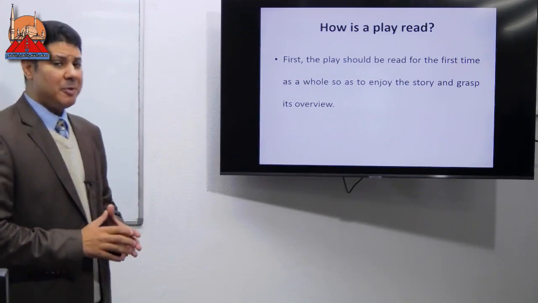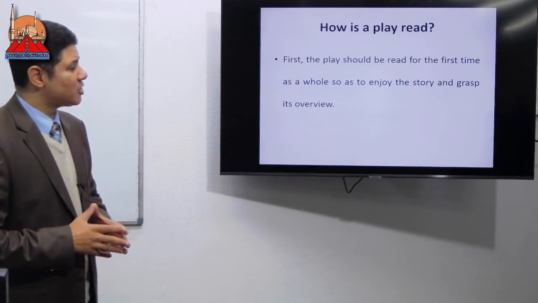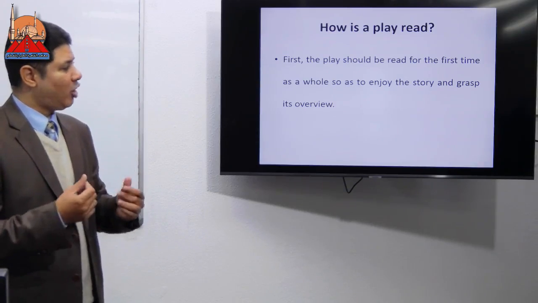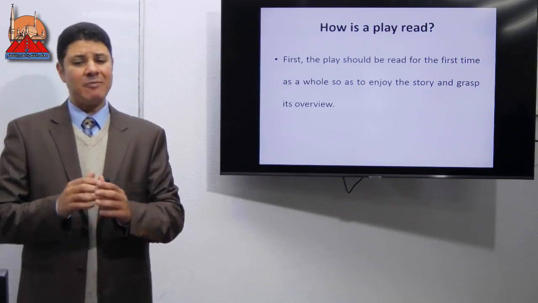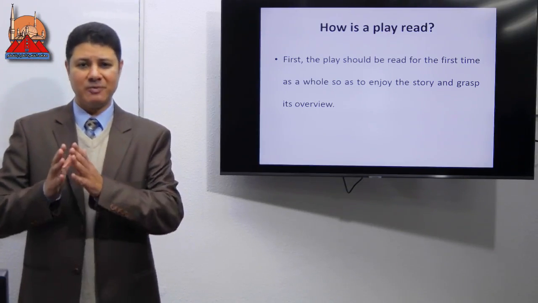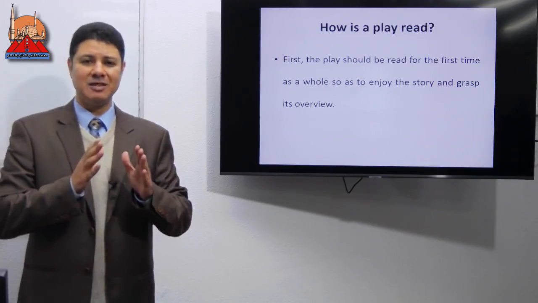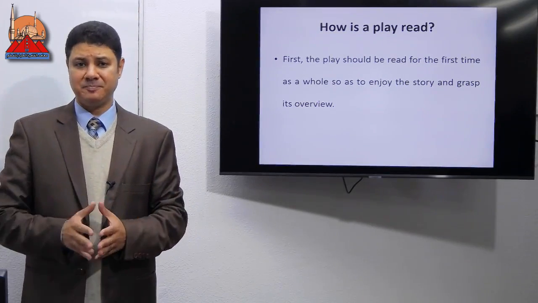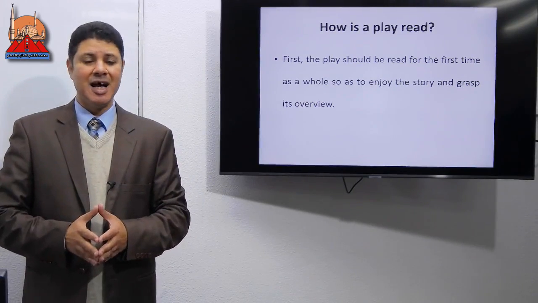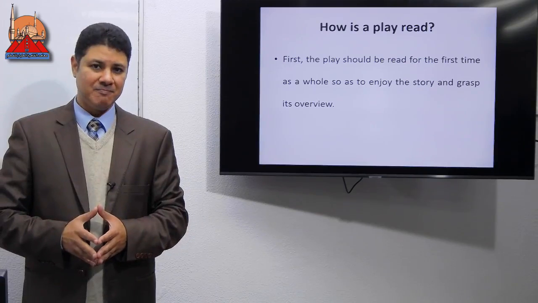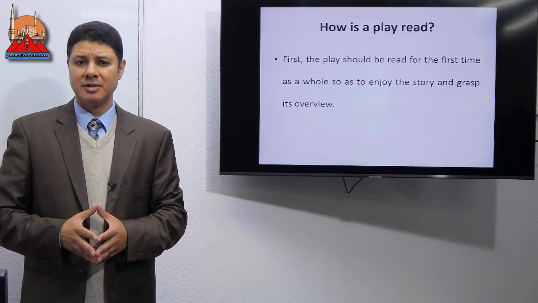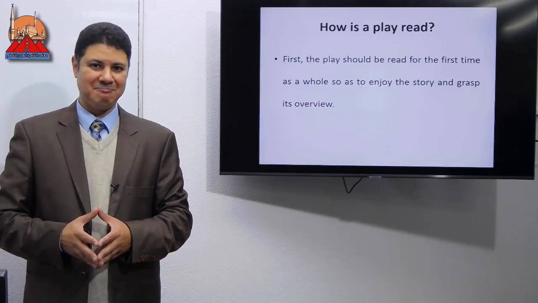So first, the play should be read for the first time as a whole, so as to enjoy the story and grasp its overview. The play is subdivided into a number of acts, and each act is subdivided into a number of scenes. There is no problem. I need to read it as a whole. I'll not stop, or get worried about anything regarding reading.